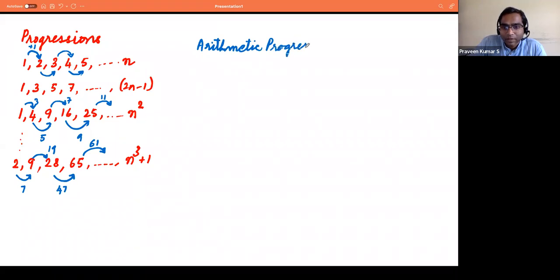Okay. The arithmetic progression is one in which the difference from one number to the other is always constant. Meaning, if you have the first number as A, the next number would be A plus D. Now, by how much have we changed this?